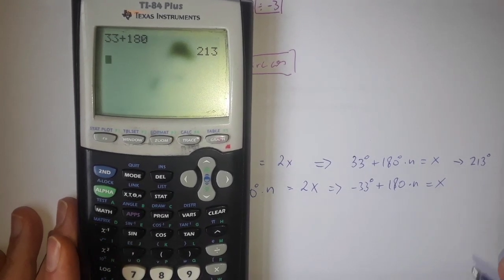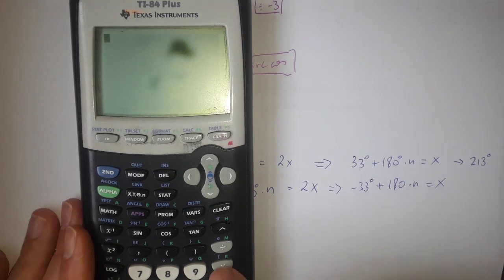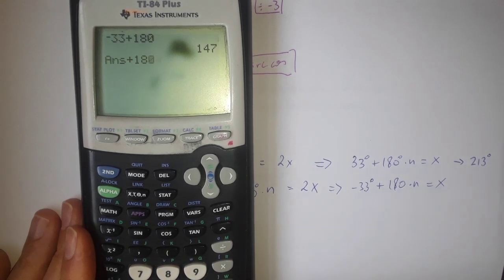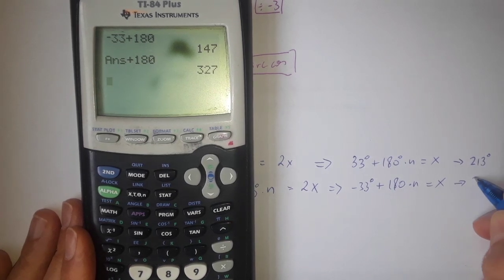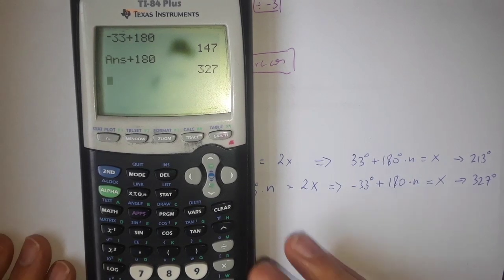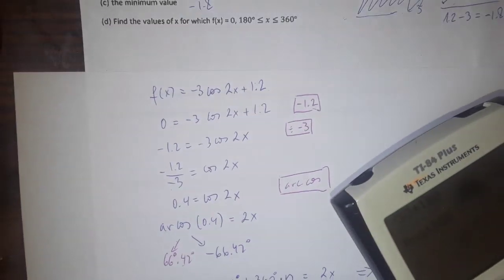While for this one, negative 33 plus 180, that's not going to be enough. But if I add 180 again, I get 327, which is also a solution inside of this domain.